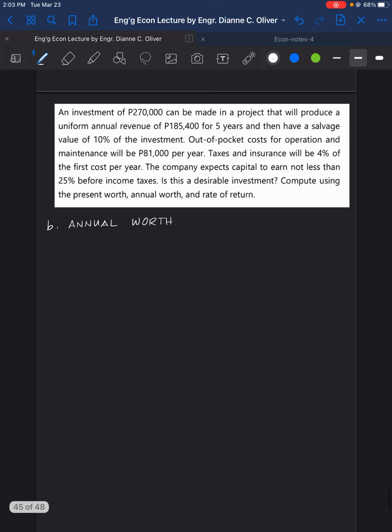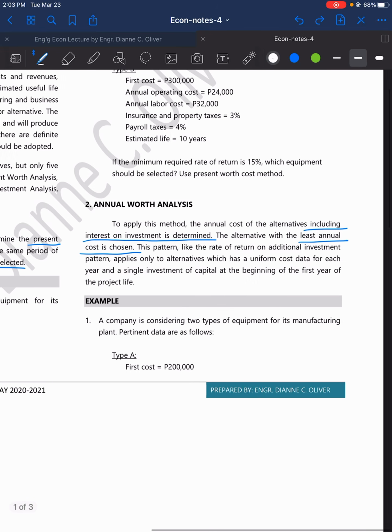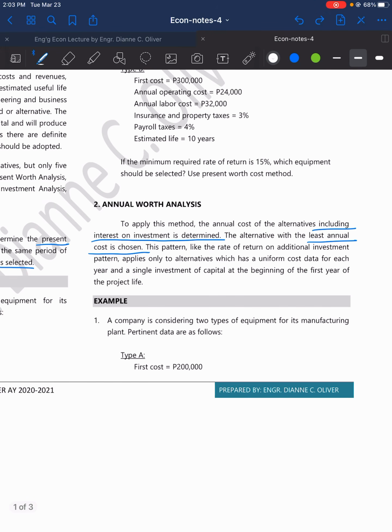Now let's go to the next example, number 5. An investment, same problem, an investment of 270,000 also, but this time we will solve for the annual worth method. Let's go back again to the annual worth method. To apply this method, the annual cost of the alternatives, including interest on investment, is determined.